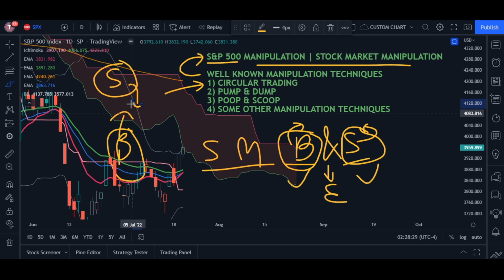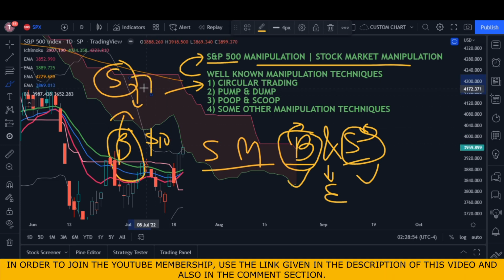The deal is that the buyer will buy stocks worth, say, $10 million, or maybe just $1 million, or maybe $50,000, and the seller will sell exactly the same quantity.